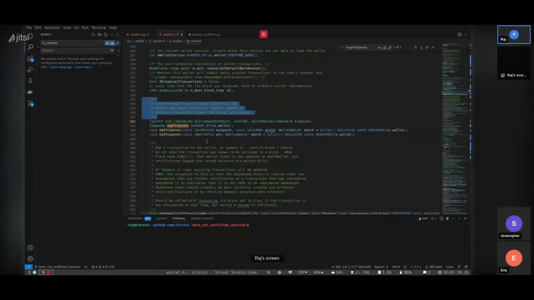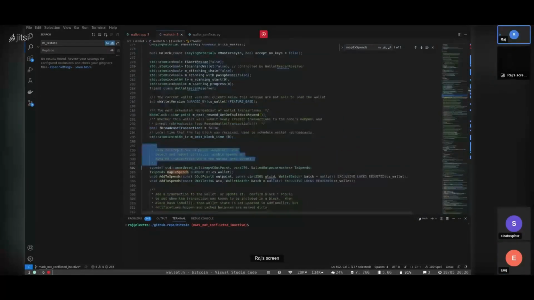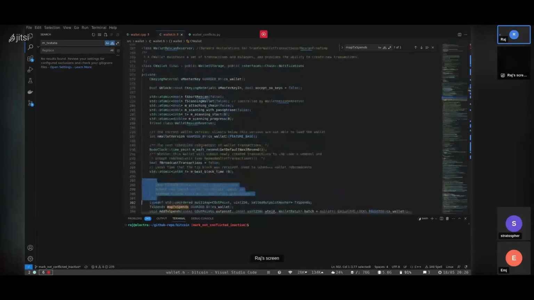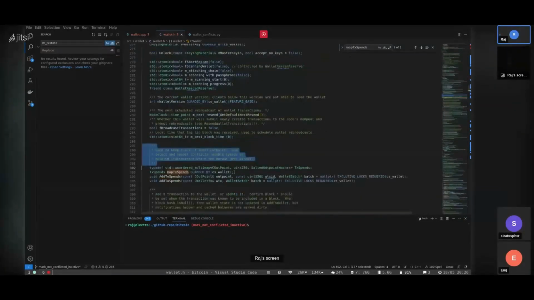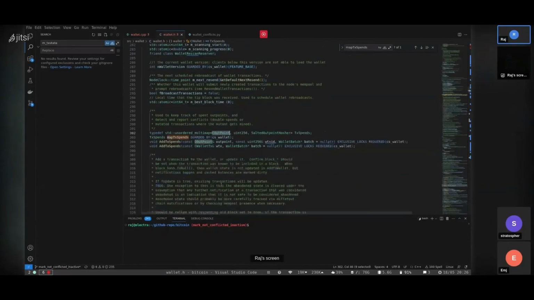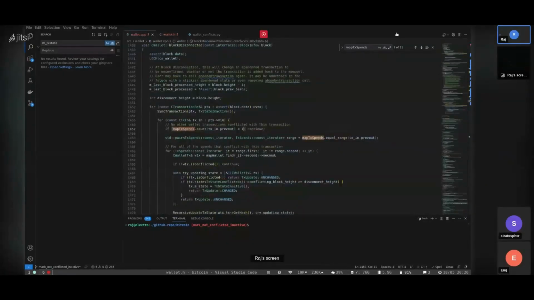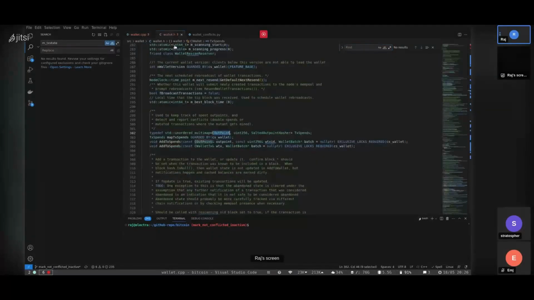So if there's more than one, it's marked as dirty or whatever. Is that what it is? I guess the dirty thing comes into play when a transaction input gets spent, when an outpoint gets spent. And yeah, that's a good question, like mark dirty.